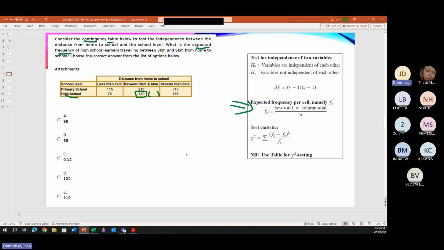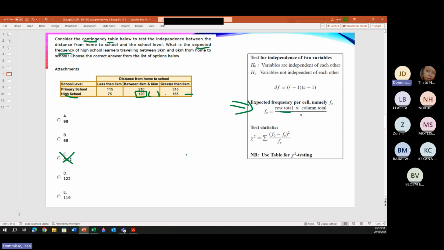So the observed frequency is 120. We need to work out what is the expected frequency. Okay, so automatically when I look at these numbers, you can't have a 0.12. And so option C is not possible. Okay, all the others are possible. So what we first need to do is to check, okay, we need to have a row total.